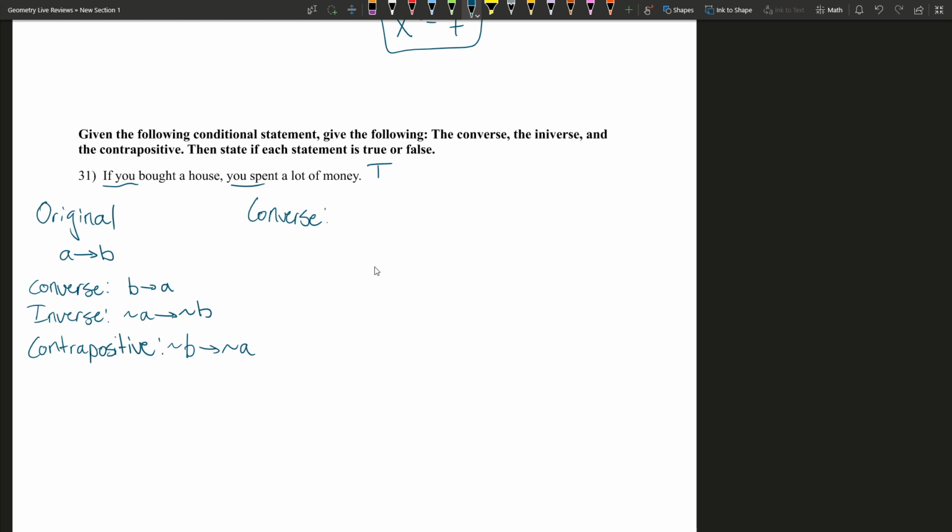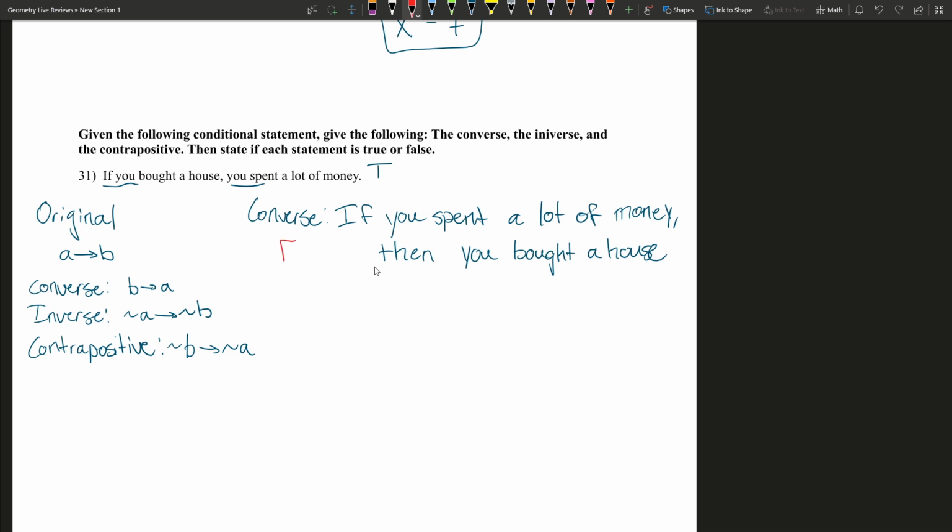The converse of that is if you spent a lot of money, then you bought a house. This would be false. You can spend a lot of money and not buy a house. You can buy a car. You can buy a lot of things. It doesn't necessarily have to be a house.